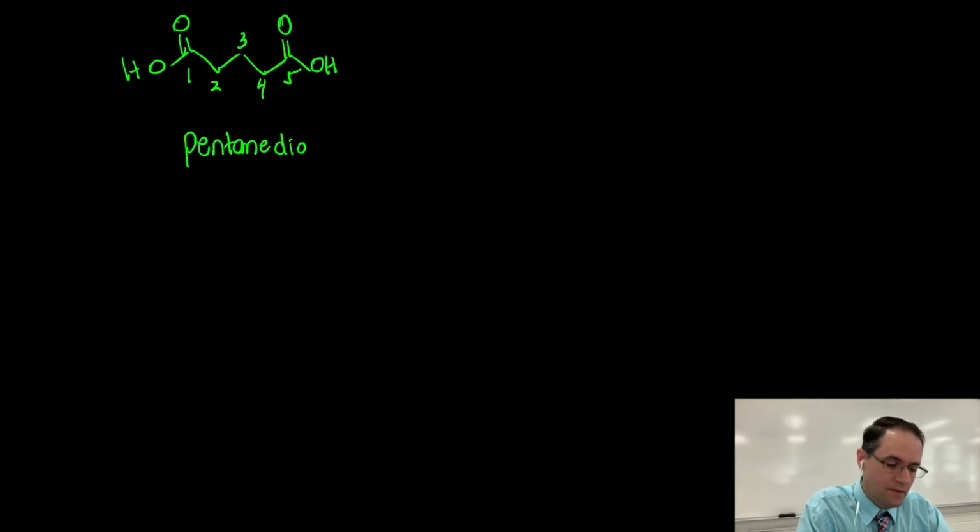We don't need to say 1,5 dioic acid because, of course, the carboxylic acid must be at the ends of the chain, okay? You can't really have 3 carboxylic acids. Something like citric acid does have 3 carboxylic acids, but it's a branching off of carbon 3 of this molecule here. So anyway, that's as difficult as it really gets.